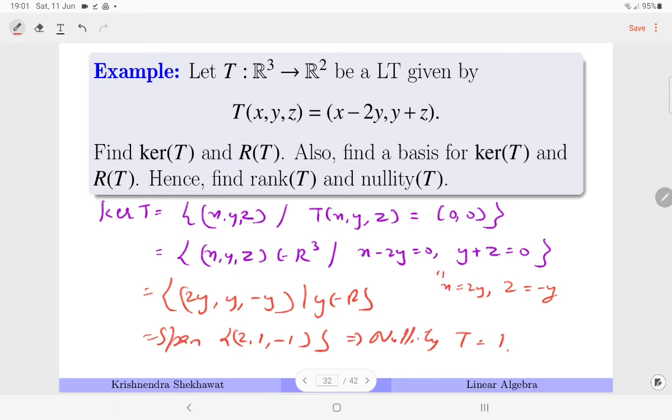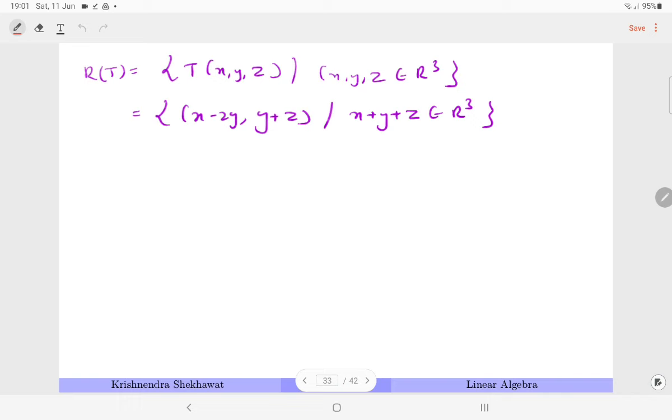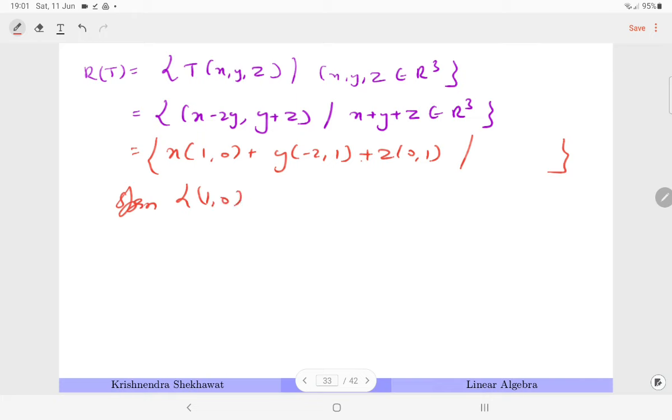is equal to 1. If I find the range T, then I can write it as x times 1 0 plus y times minus 2 1 plus z times 0 1, which is span of 1 0, minus 2 1 and 0 1. Now you can easily observe that the set is not linearly independent because minus 2 1 can be expressed as a linear combination of 1 0 and 0 1, and therefore this becomes a span of 1 0, 0 1.